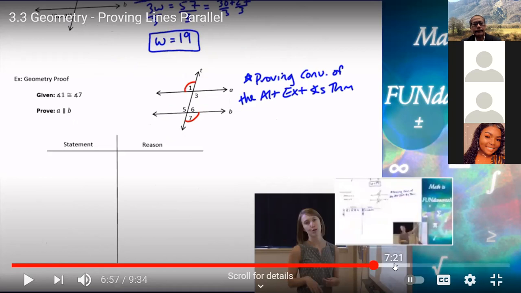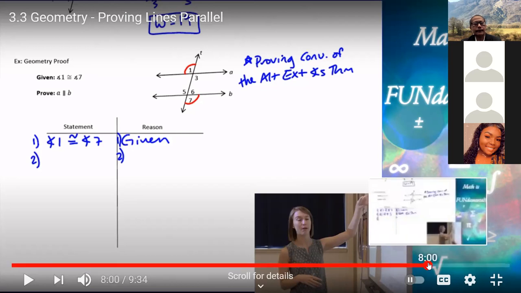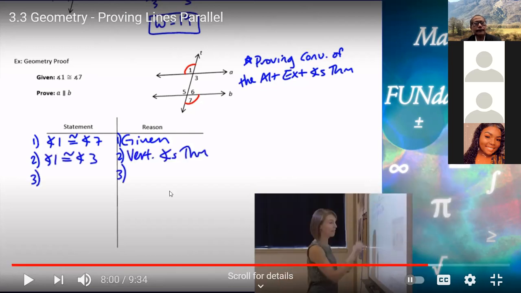So we know that this angle 1 and angle 7, given they are congruent. Okay. Angle 1 is congruent with angle 3 because they are vertical angles, right?